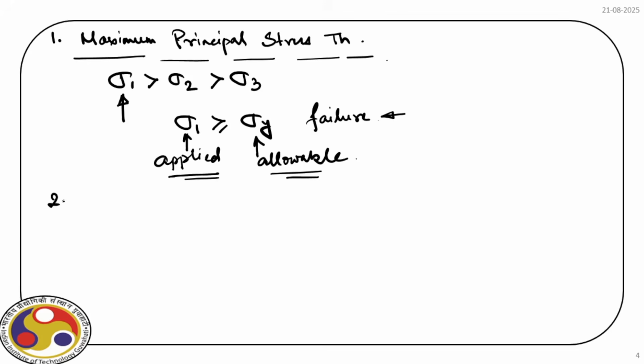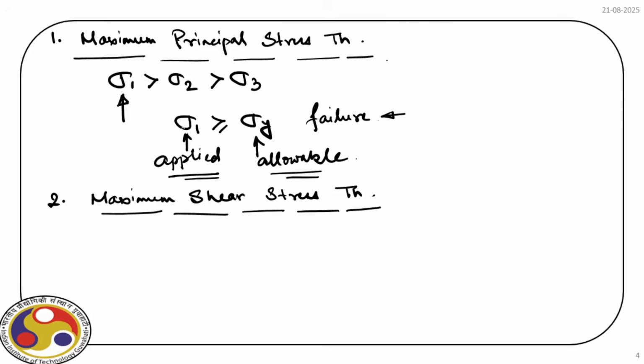The second theory that we are going to discuss is maximum shear stress theory. Again, the three principal stresses are sigma 1, sigma 2, sigma 3.